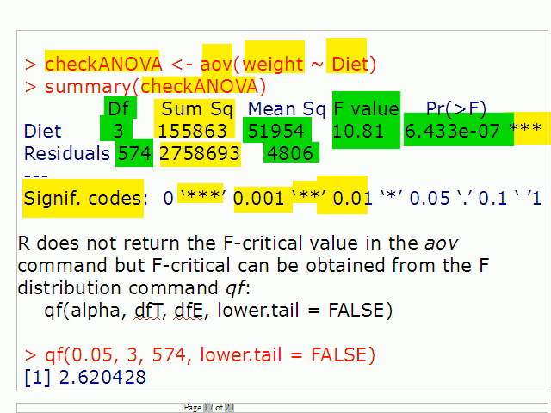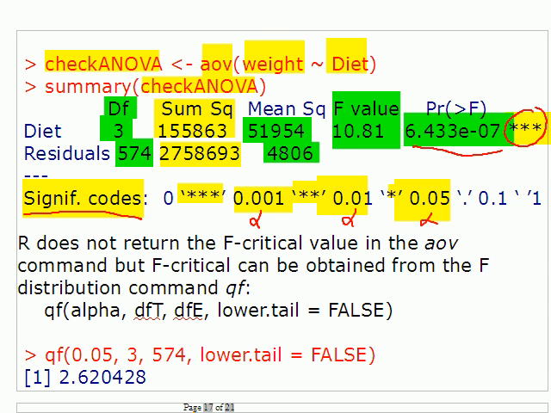If it's 2, it's 0.01. 1 is 0.05, which is a 95% confidence level. In other words, these are the alphas. It just gives you an idea of the alphas, and they just write it here as a symbol, and that's what these significant codes mean, in case you need that translated for yourself.